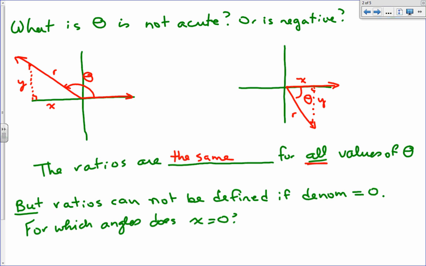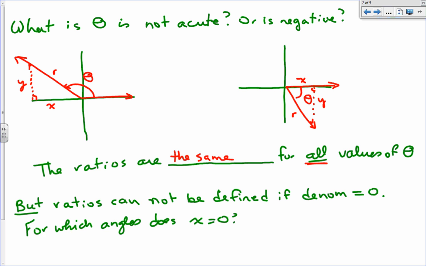The one thing to remember with those ratios is that when we divide, which is what we're doing with a ratio, our ratio is undefined if the denominator is equal to 0. So if you think about it, some of those ratios have x in the denominator. For instance, the tangent of theta and the cotangent of theta have x in the denominator.